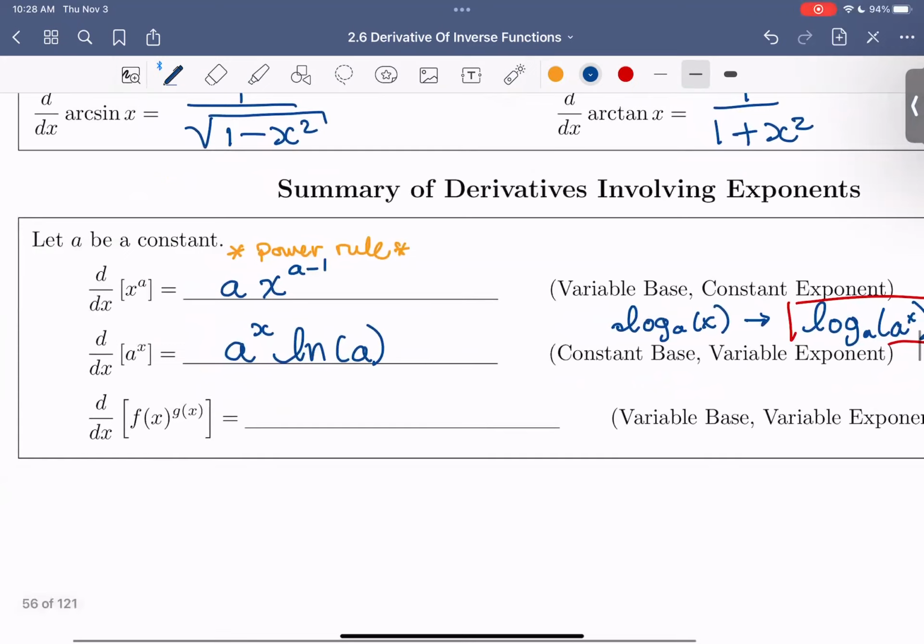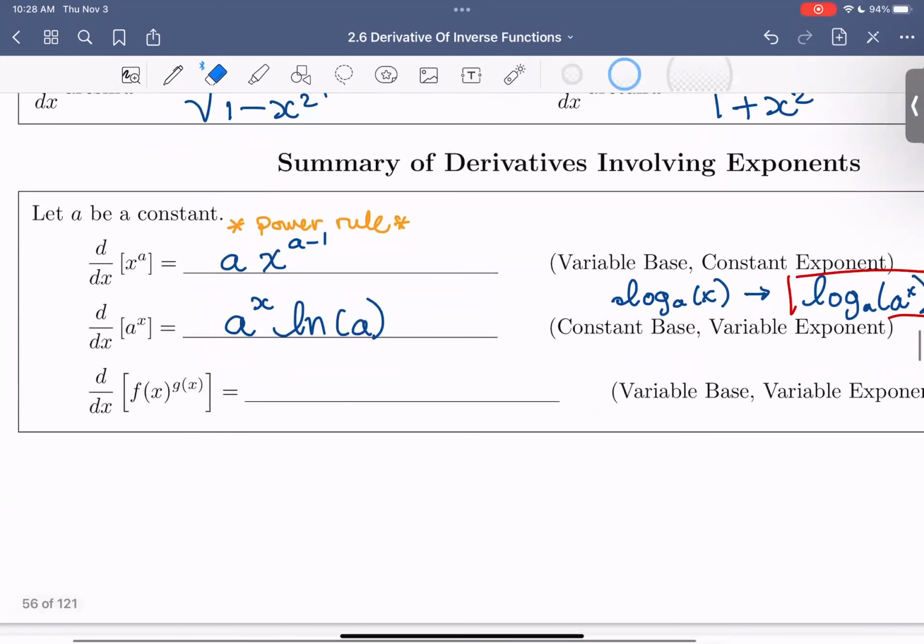All right, and then the last type of function that we see is when both the base and the power are themselves a function. Notice this is different than a chain rule because we don't have a composition of functions, but we have a function inside the power and a function in the base.